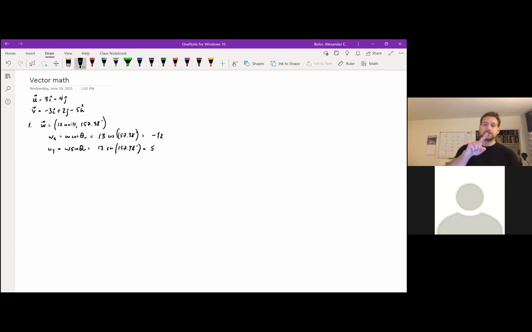Vector w is the hypotenuse of a 5, 12, 13 triangle. So if you don't round the trig, which I had to do to get it to 157.38, it comes out really, really close to 12 and 5.